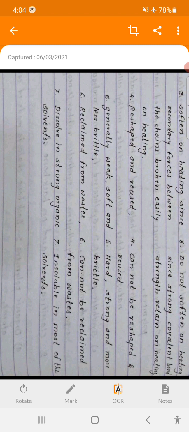Then the last one is that thermoplastics dissolve in strong organic solvents, while thermosettings are insoluble in most of the solvents. Okay, this is about classification of polymers.